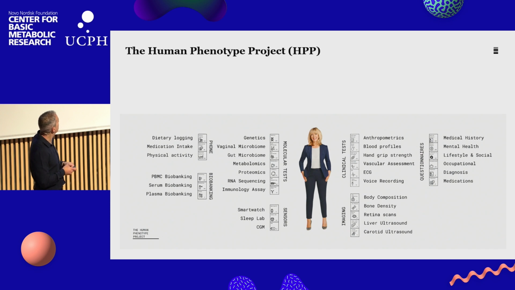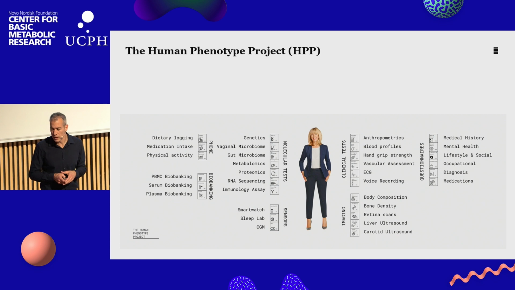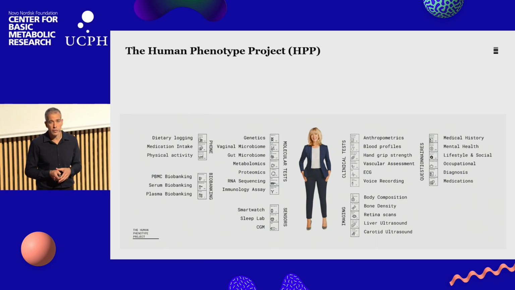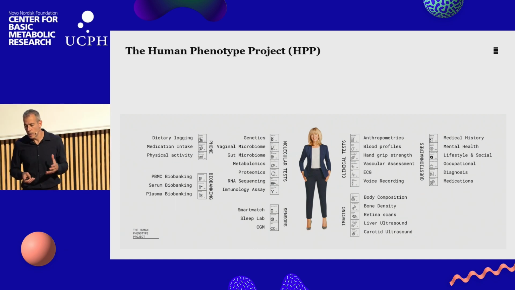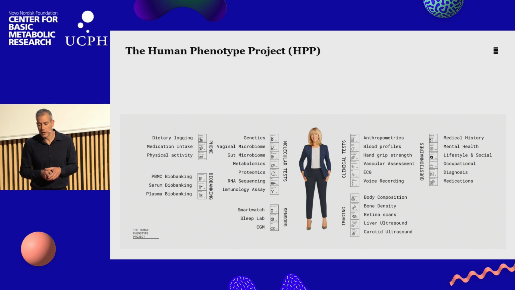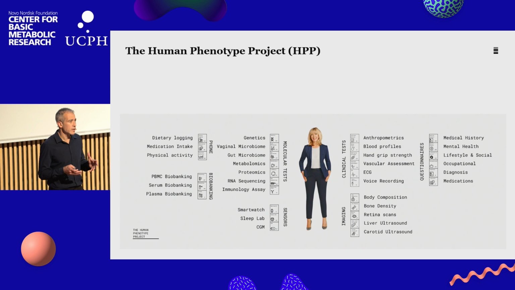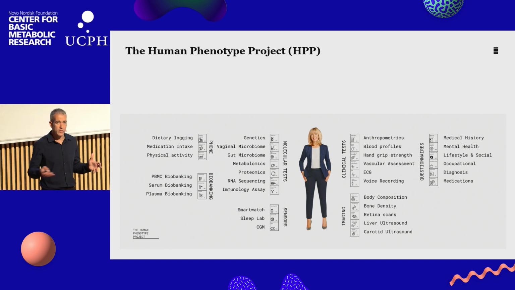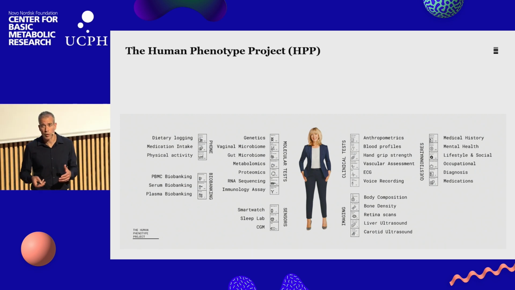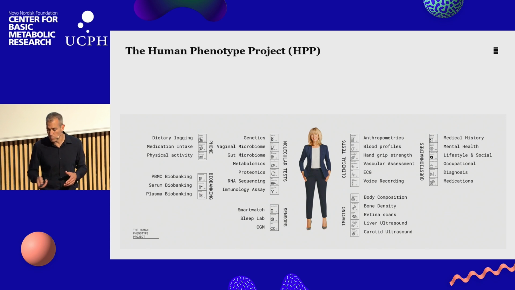So we also look at the human genome, but then also gut and, recently, vaginal microbiome, metabolomics, which looks by mass spectrometry at thousands of different small molecules in the blood, proteomics from blood, RNA sequencing in bulk, also from the PBMCs, and a novel immune assay that we developed whereby we can synthesize hundreds of thousands of antigens and then see which of these are bound by a person's antibodies in the serum. So, if you will, this is a snapshot of the entire infectious history of a person.